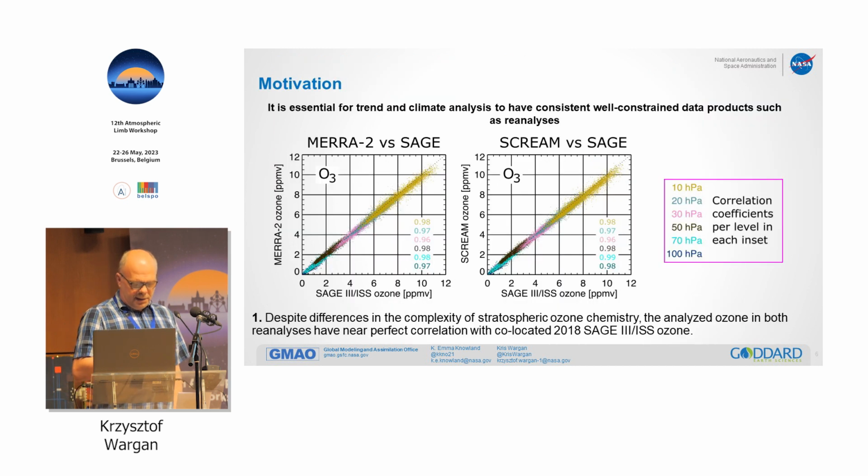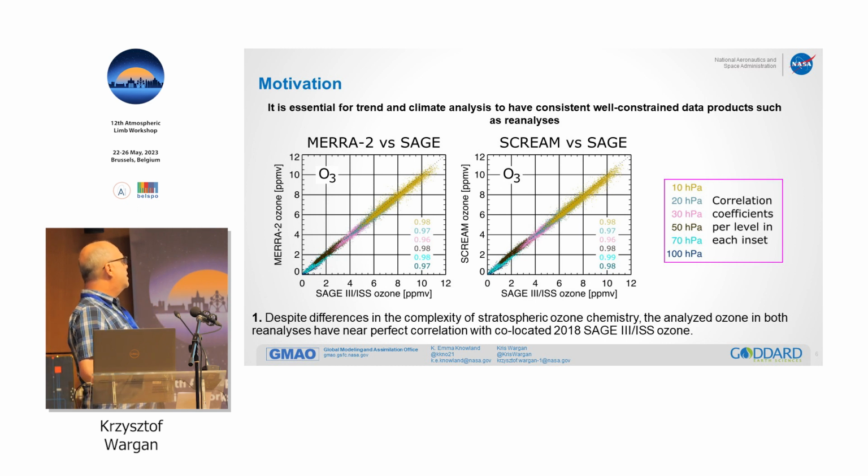Now, going to SAGE. So if we want to construct a comprehensive, scientifically meaningful climate data set using assimilation and models as transfer standards, we need to know how those different data sets compare.